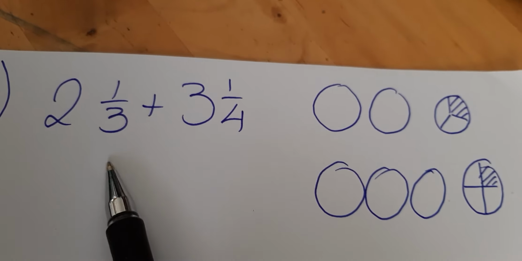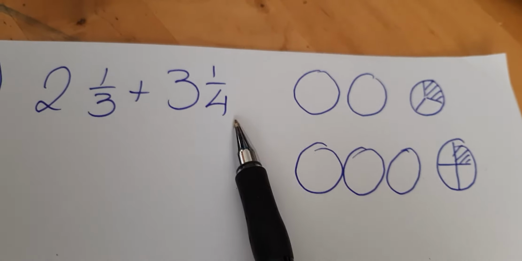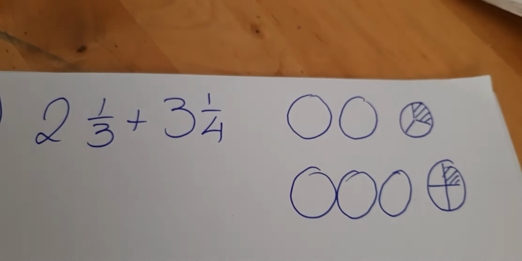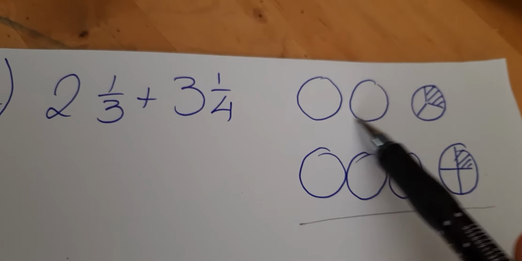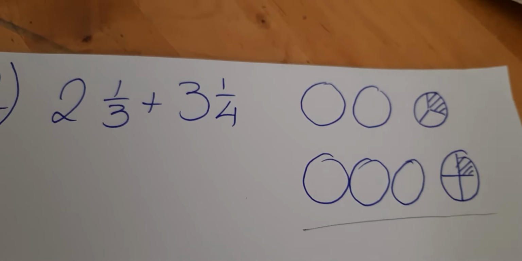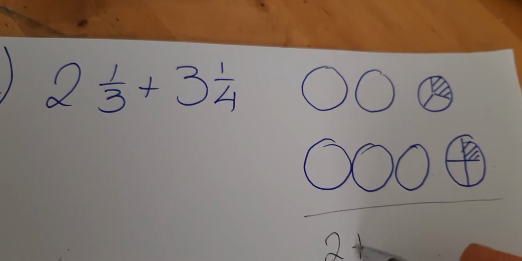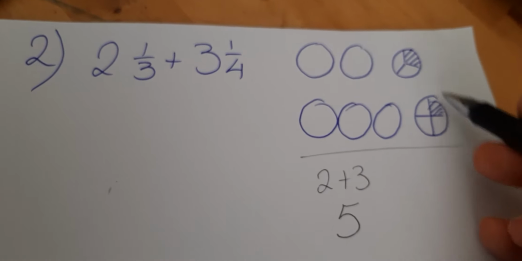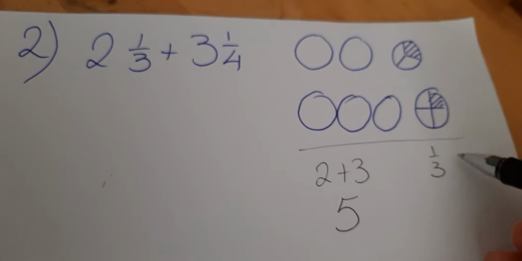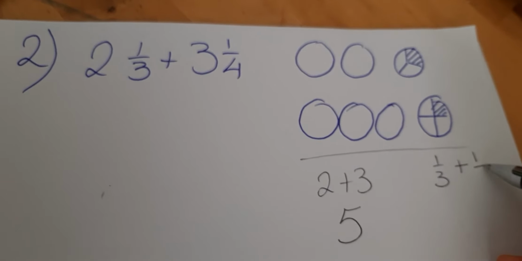So that's 2 and 1/3 plus 3 and 1/4. How many cakes do I have altogether? I have 2 whole cakes and another 3 cakes, which makes 5 cakes. So I'm going to add those two to make my 5 cakes. And here I have 1/3 of a cake plus 1/4 of a cake.